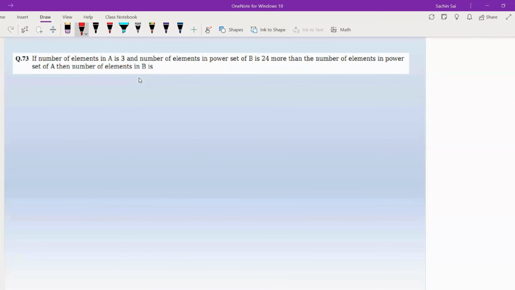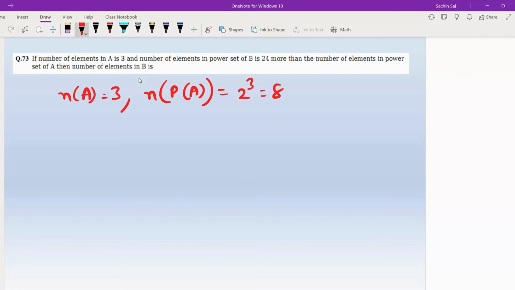Question 73 is a similar one from set theory. Number of elements in A is 3. So N of A is 3. And number of elements in the power set of B is 24 more than the number of elements in the power set of A. So first we can find the number of elements in the power set of A, which is 2 cube, that is 8.